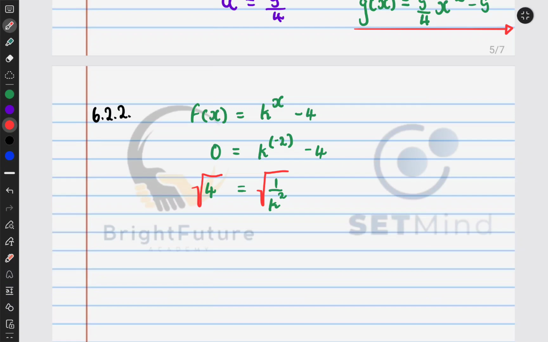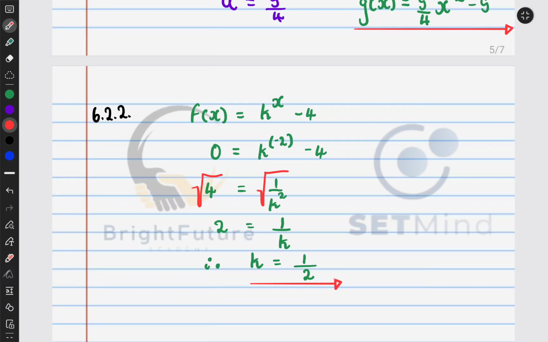If we have a negative value of k, it doesn't become an exponential function. I don't think it becomes a function at all. But yeah, we're only going to consider a positive root. So we're going to have 2 is equal to 1 over k. Therefore, k is equal to 1 over 2.